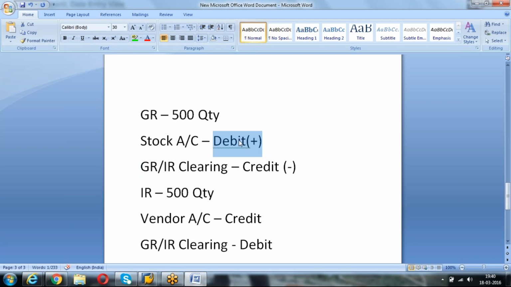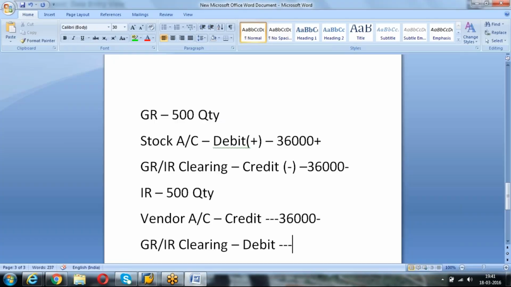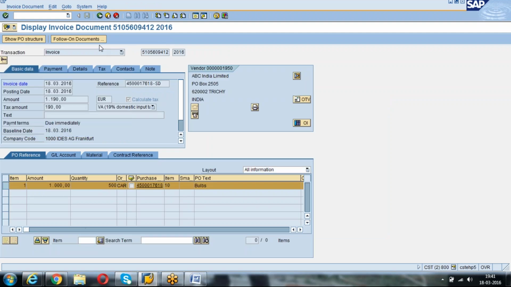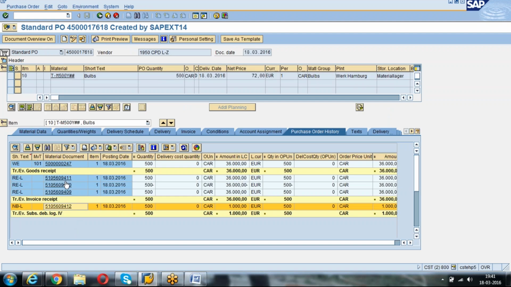For our price-wise, if you want to tell, the same thing we can write here. 36,000 debit, 36,000 credit. Here what happened? 36,000 credit and vendor account. Here you can see that tax amount is also there, right? I will show you that amount also during invoice verification.